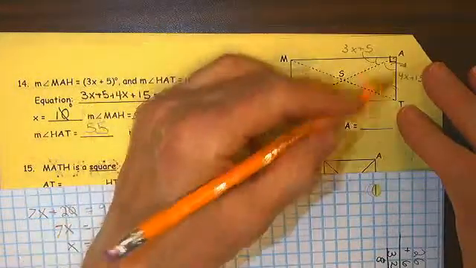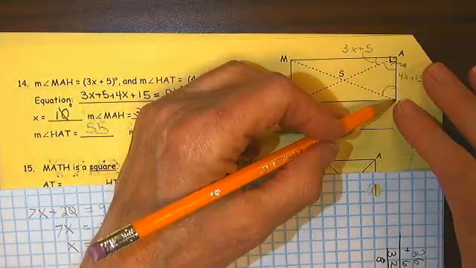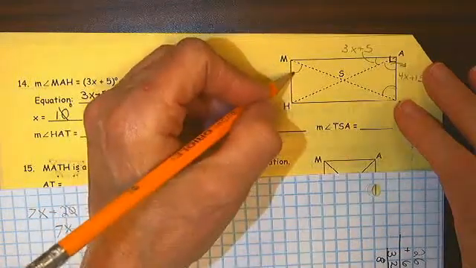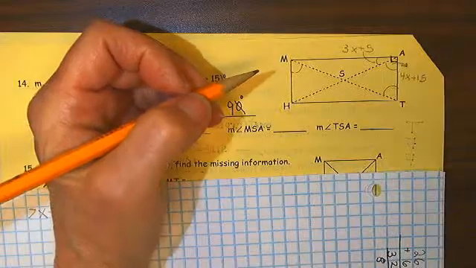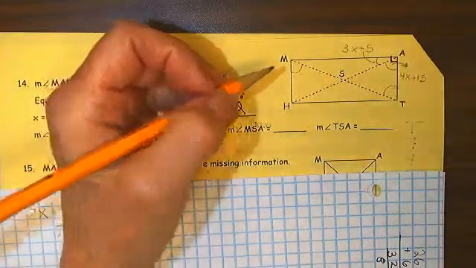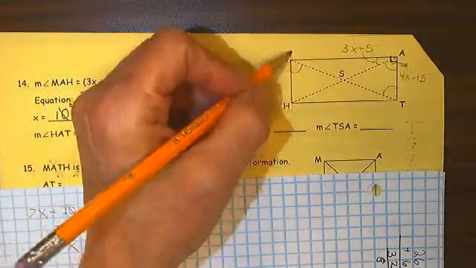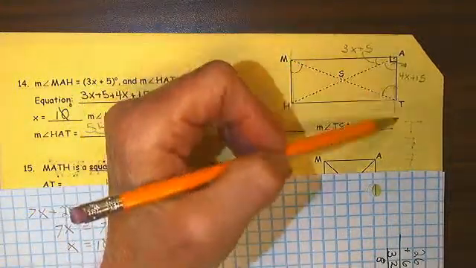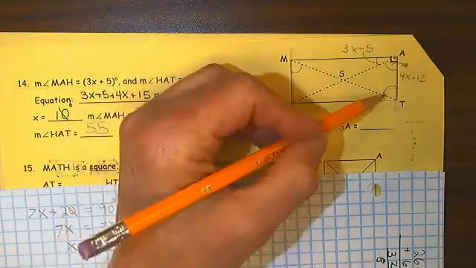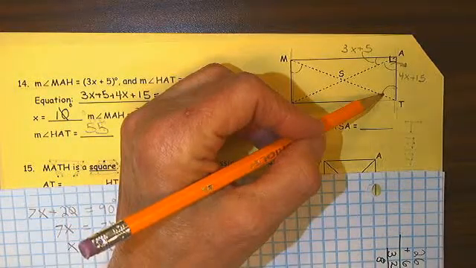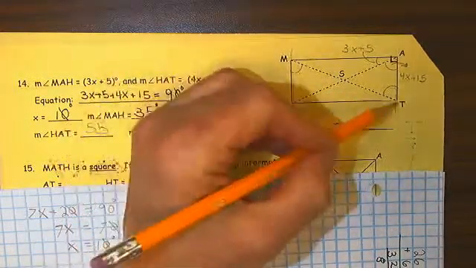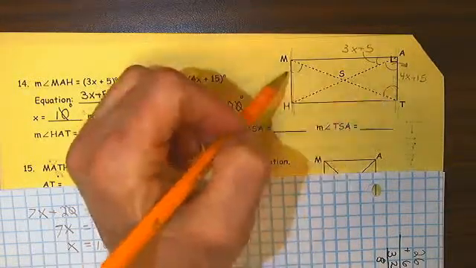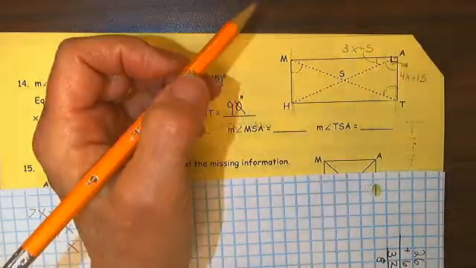These guys are parallel. So we have alternate interior angles. Here's one parallel line. Here's another parallel line. Alternate sides of the transversal between the two parallel lines, alternate interior.